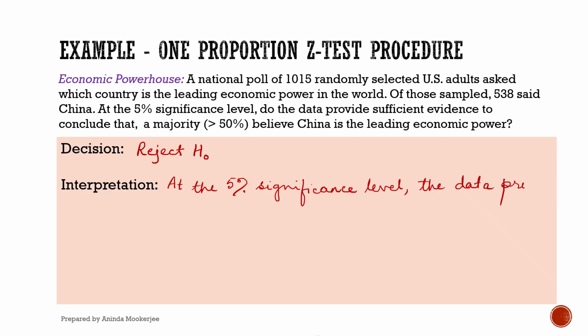Now, if you have rejected the null hypothesis, then your data was strong enough, the evidence was strong enough to reject the null hypothesis. So you're going to say it does provide sufficient evidence to conclude, and then you have to state the interpretation in context of the problem.